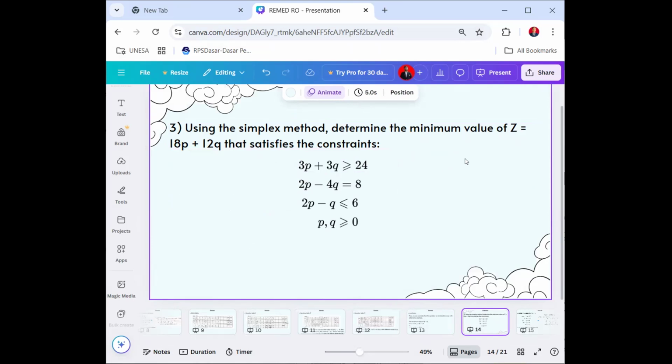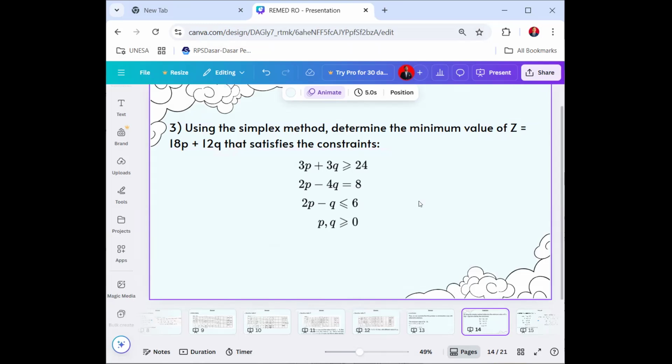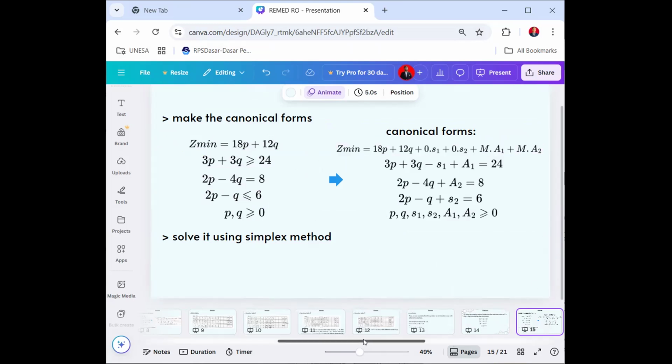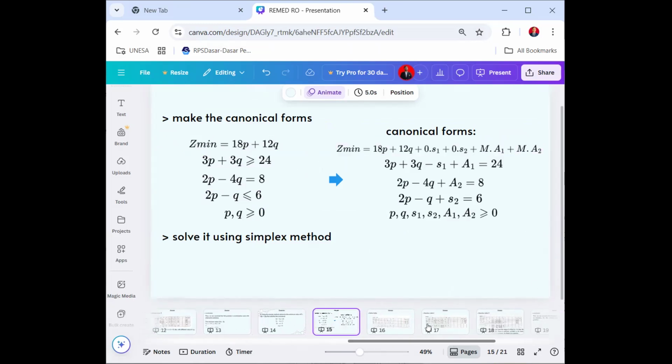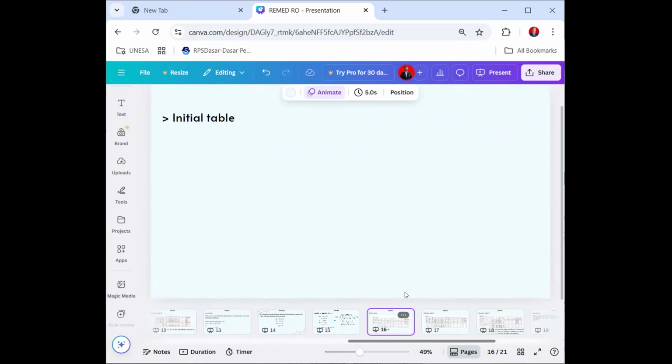Now we have to determine the minimum value of z which satisfies this constraint. And we need to do the canonical form just like before. We have this canonical form, just the same as before. Now we will solve it using the simplex method.